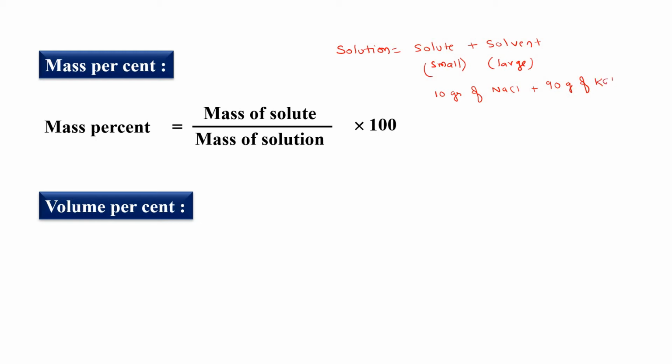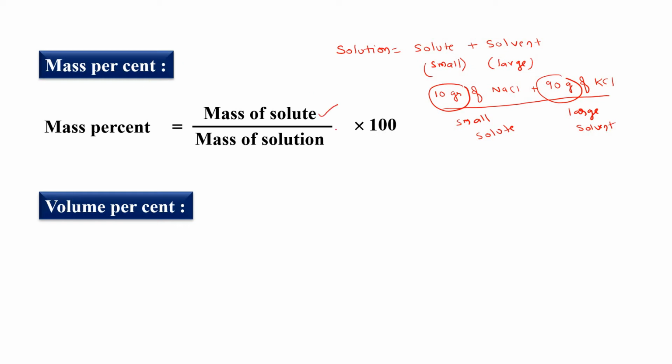With this we got a solution. Just imagine the solution. This one is the small content and this one is the large content. So this is called the solvent and this is called the solute. Now what is the formula for calculation of mass percentage?